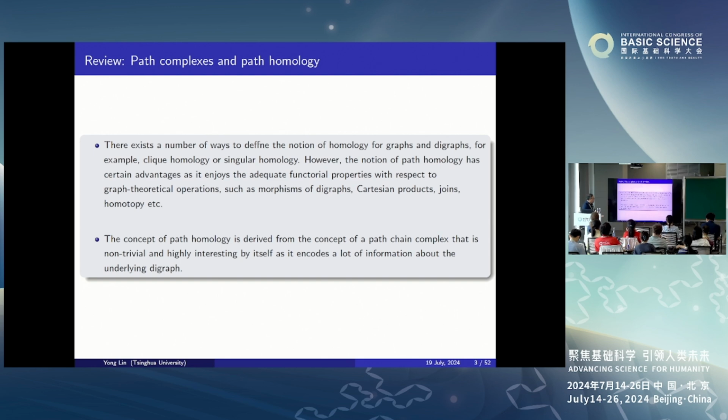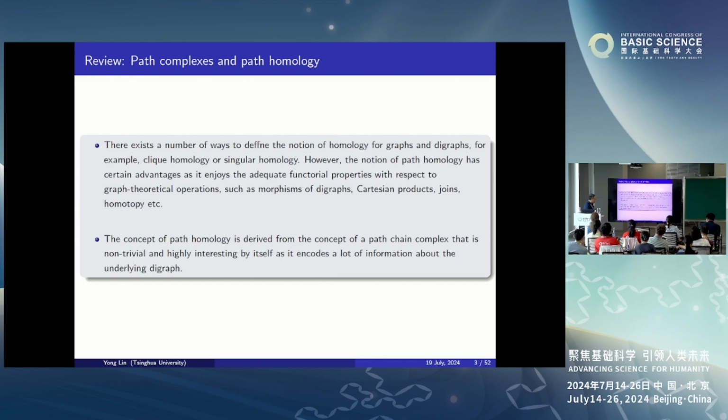For example, we have the Künneth formula for Cartesian products, and for the join, we will talk later. And this path homology is also homotopy invariant, which is not true for the Greek homology and the singular homologies. Of course, I will not talk about this homotopy theory for digraphs today, but this homotopy is a completely discrete homotopy.